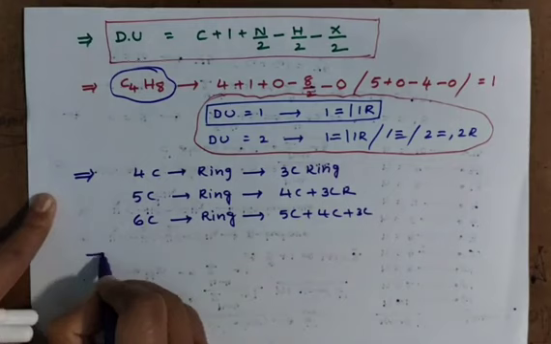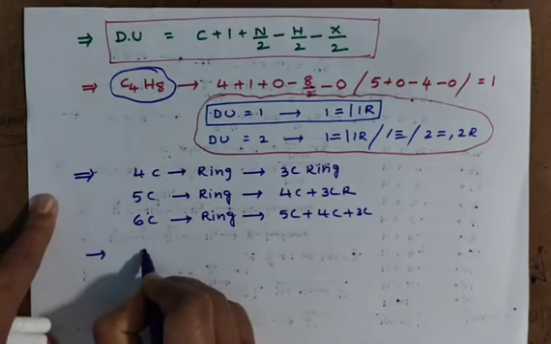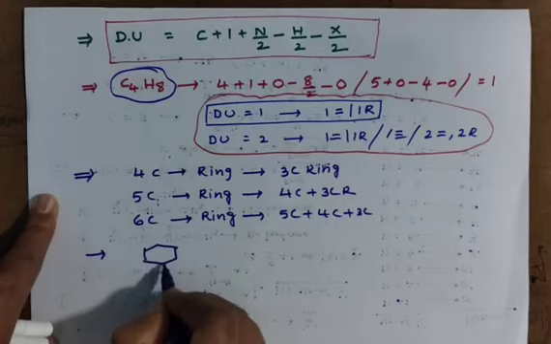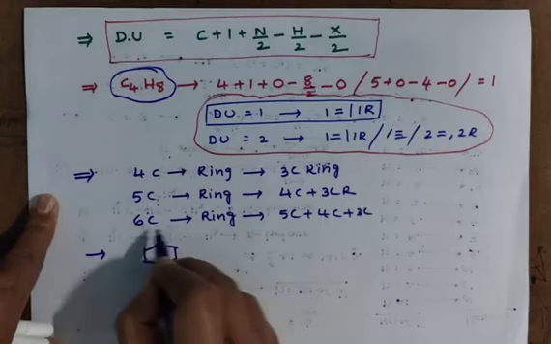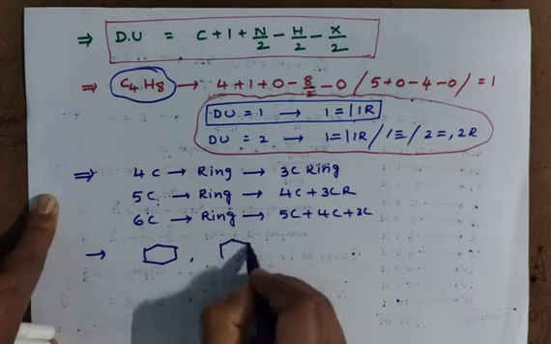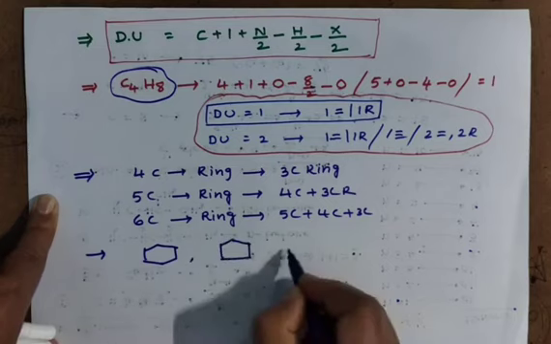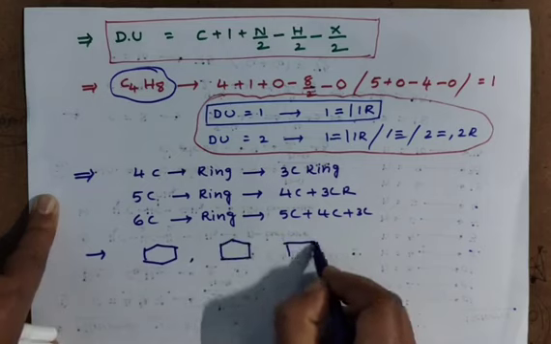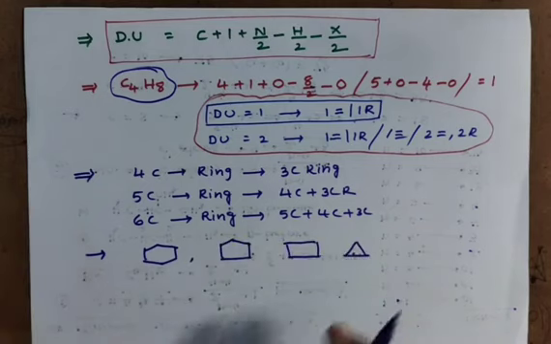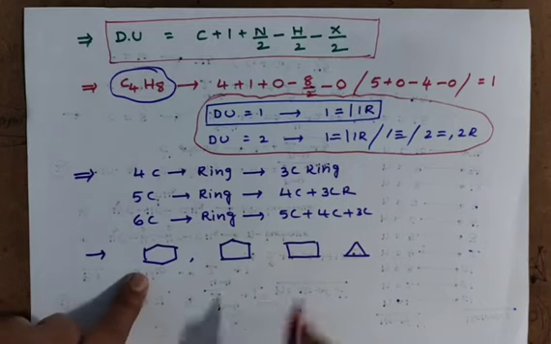For example, with the 6 carbons I am showing. See, with the 6 carbons what you are getting? Cyclohexane. Then 6 is there means 5 also possible: cyclopentane, cyclobutane, cyclopropane. But now we have to cross check the carbon atoms. Here carbon atoms okay.